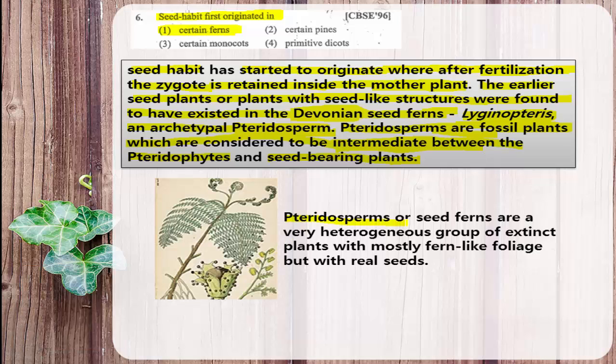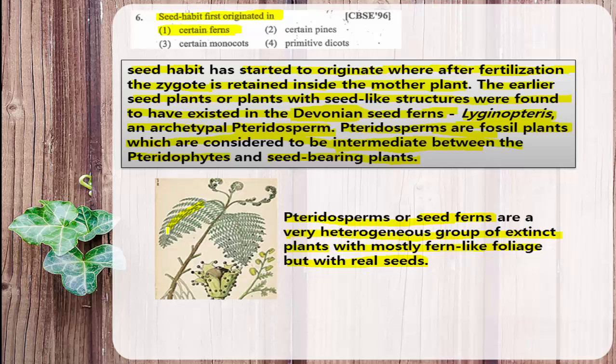Pteridosperms, also called seed ferns, are a very heterogeneous group of extinct plants. That's what I told, they are not existing now. They have become completely extinct, with mostly fern-like foliage but with real seeds.